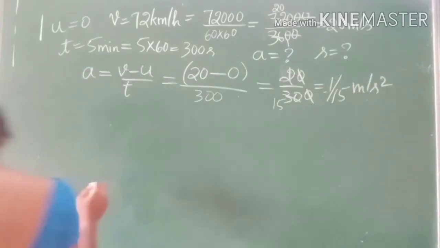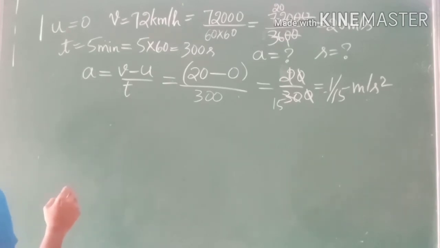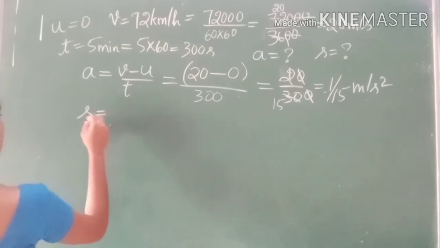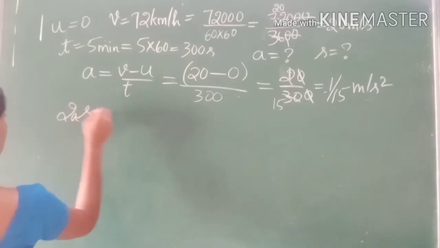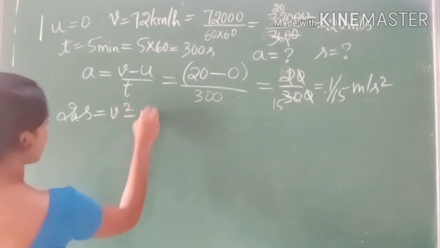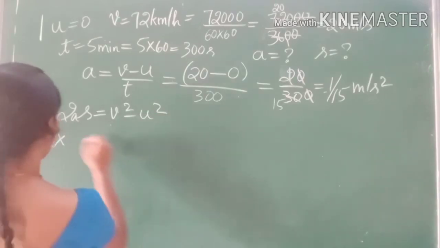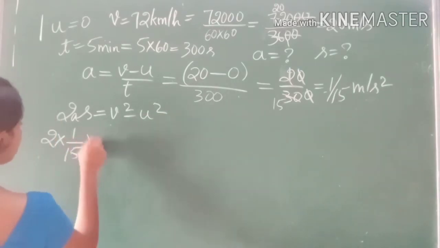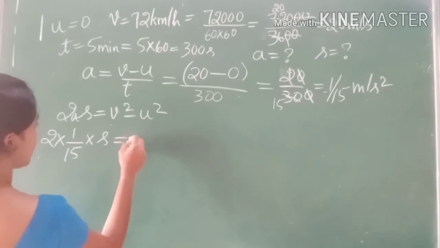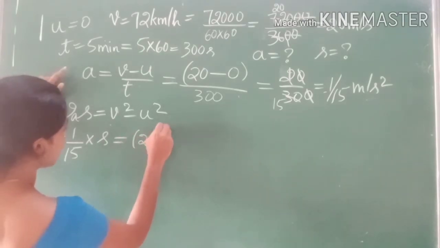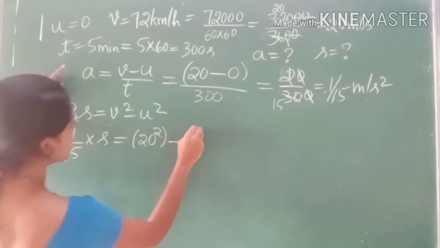Then what did they ask? Find the distance traveled by the train for attaining this velocity. Distance s. 2as is equal to v square minus u square. So 2 into a, which is 1 by 15, into s, is equal to v square. v square means 20 square, minus u square, which is 0.